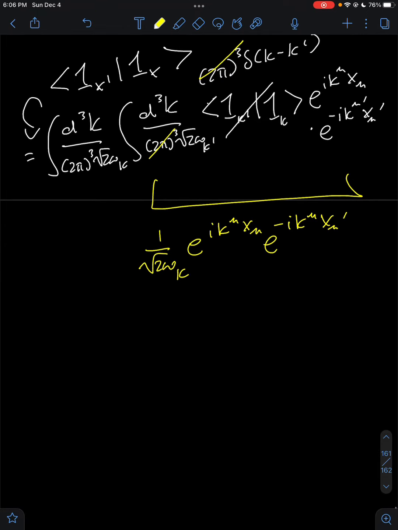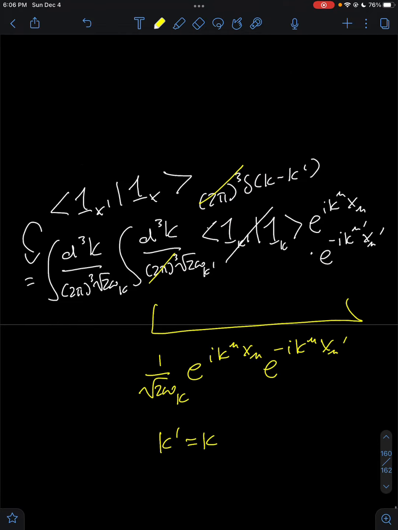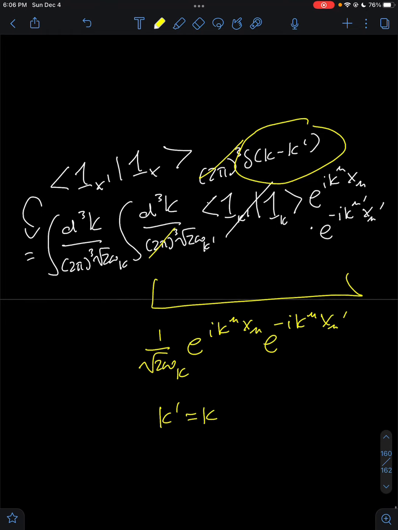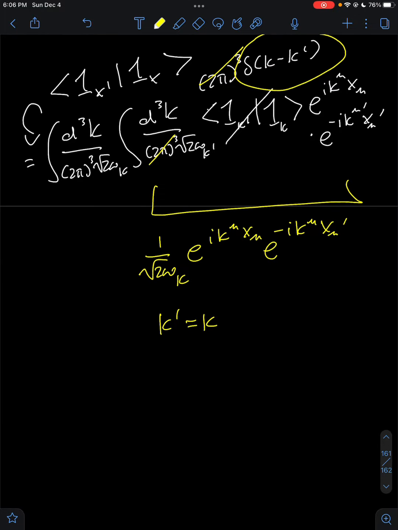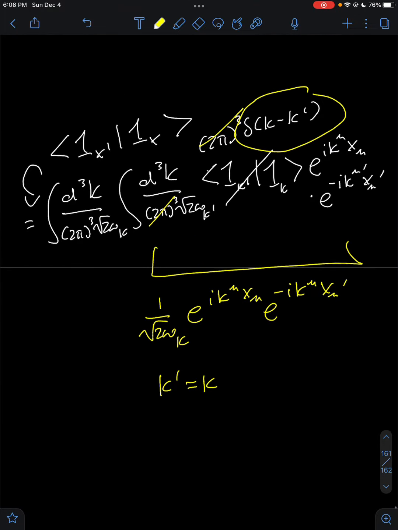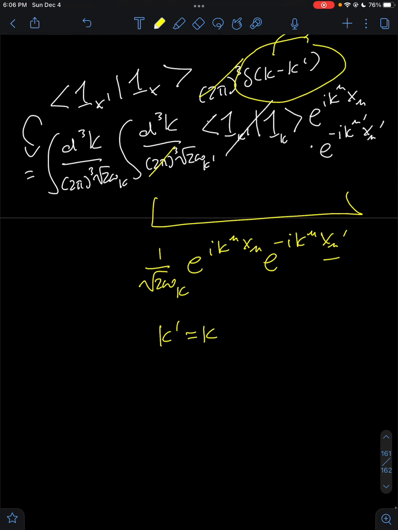We let k prime equal k, because this delta function implies that our integral is 0 for when k prime is not equal to k. So we set k equals k prime. We did not set x equals x prime because our delta function was not over position. It was only over k, not x. So we still have that x mu prime over here. And then we still have to integrate again, but over our variable k.